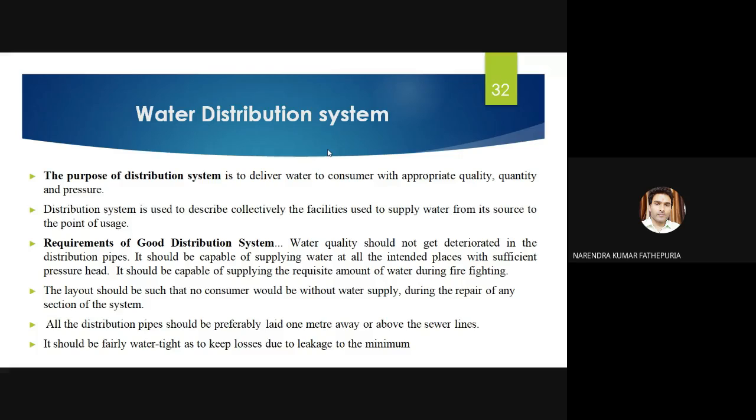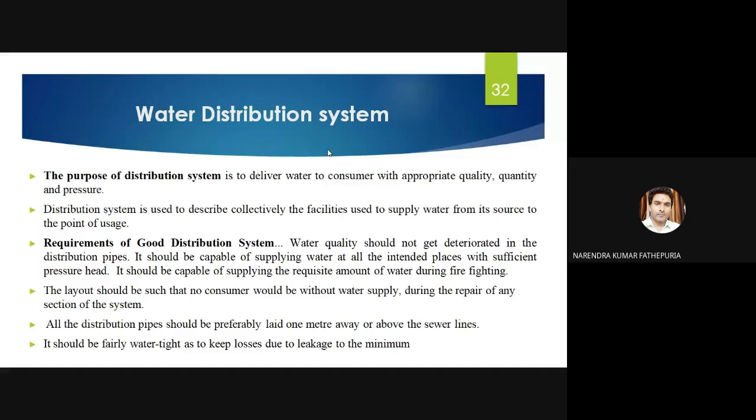So for that you have a pressure gauge and you have to take the pressure head, which will be able to supply the precise amount of water during firefighting.